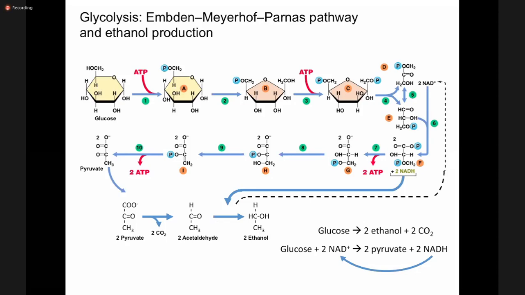For example, in the case of ethanol fermentation, we know the fermentation product is ethanol, right? And we consider which compound can be an intermediate to produce ethanol.